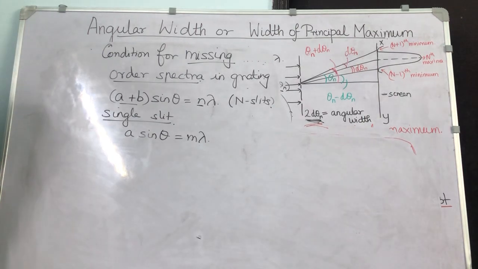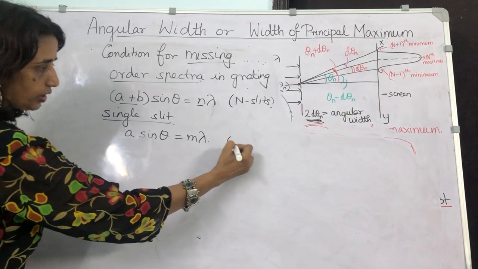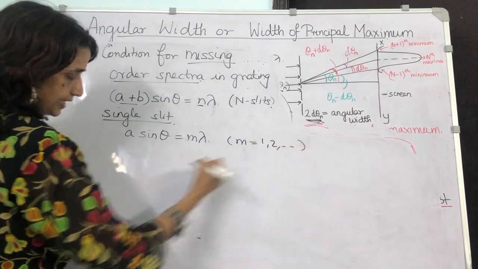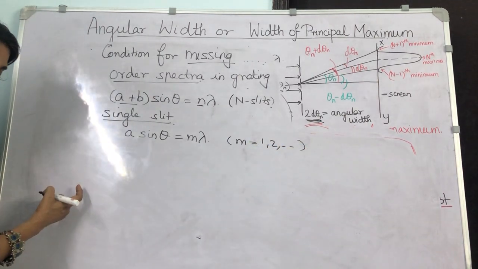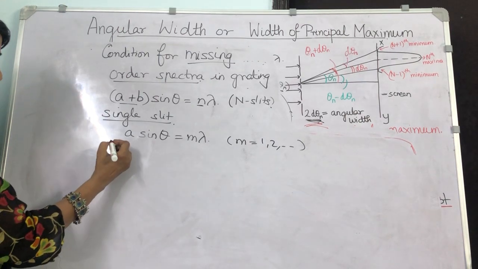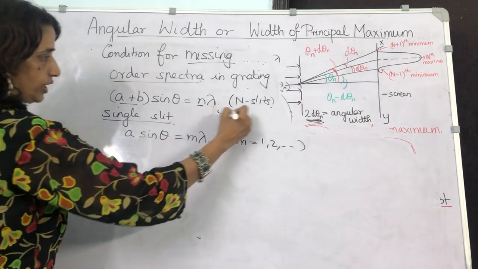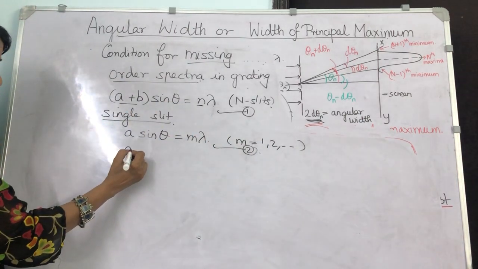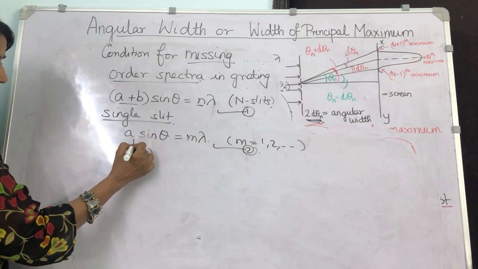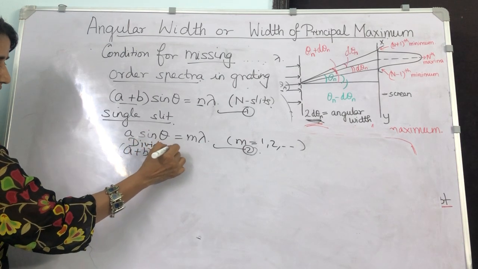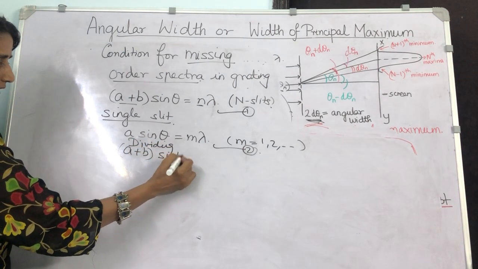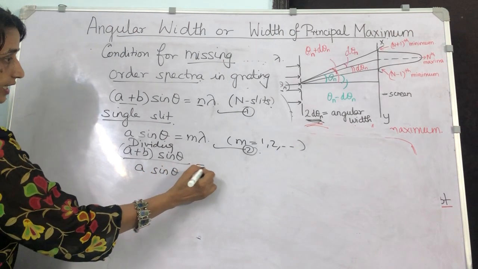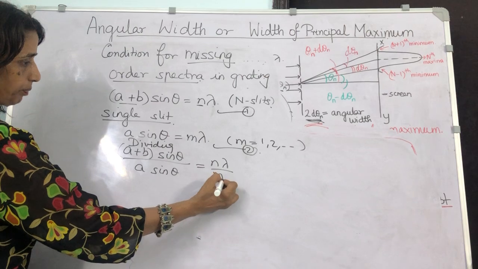Here you remember that m takes the values 1, 2, 3, etc. Now for finding the condition for missing spectra, you divide one equation by the other. After dividing, (a plus b) sine theta upon a sine theta equals n lambda upon m lambda.